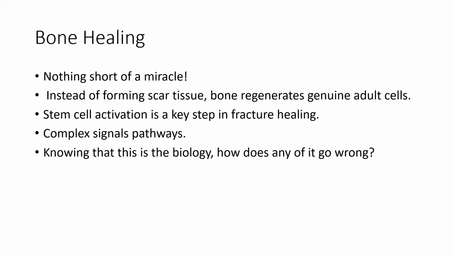Bone healing as a tissue is something miraculous. Bone does not form scars, even though you sometimes see callus, there is no fibrous tissue in between the bone tissue that was broken. Bone actually builds new bone, which is unique to bone tissue. Even in liver, there will be some scar tissue, but bone does not have scar.